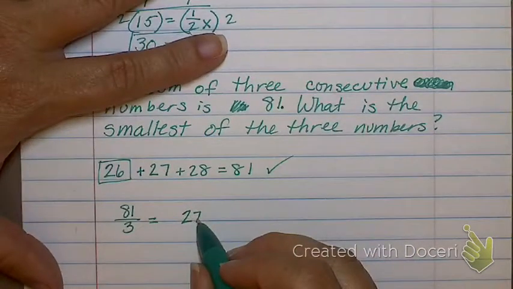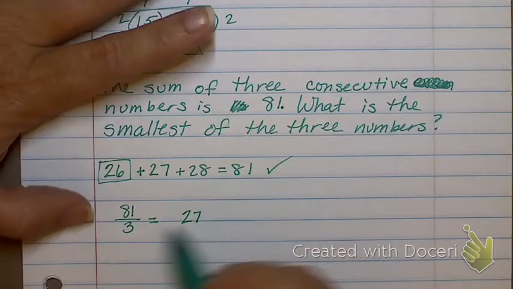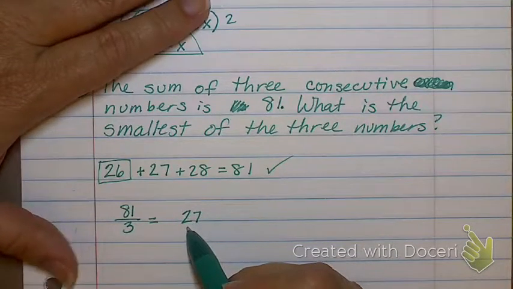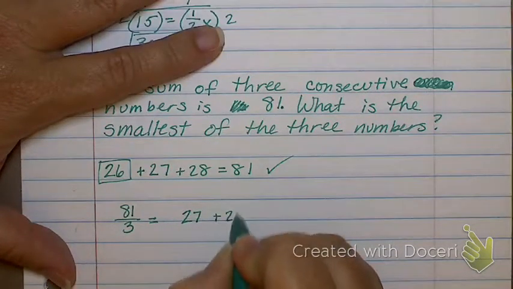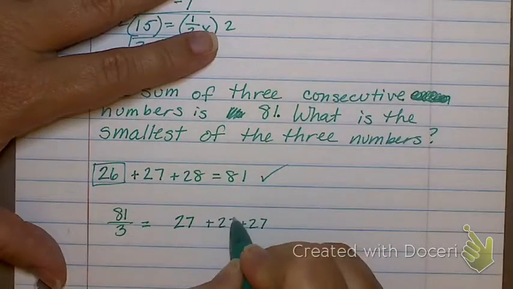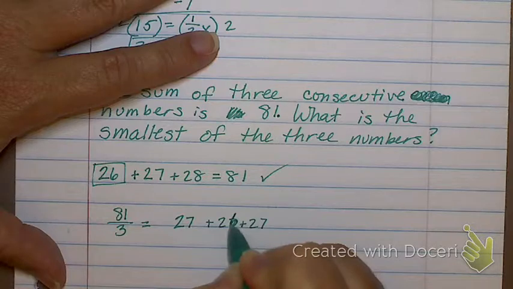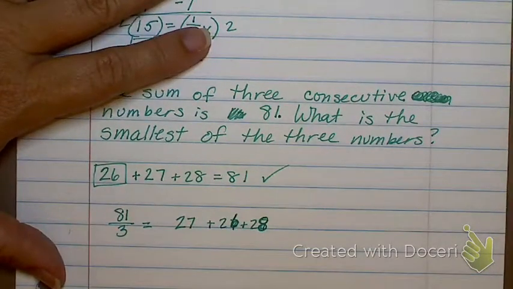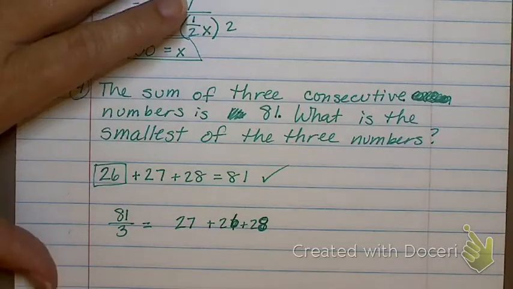So I thought, 81 divided by 3 is 27. So if I have 27 plus 27 plus 27 equaling 81, I'm going to take 1 away from here and add it to there so that I have my 3 consecutive numbers. Okay, same kind of idea?